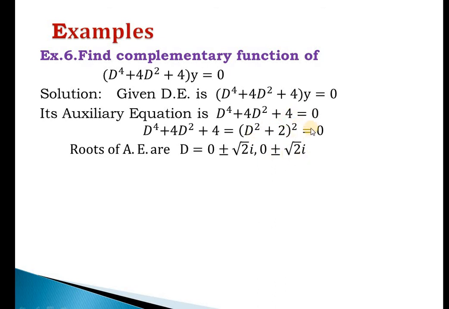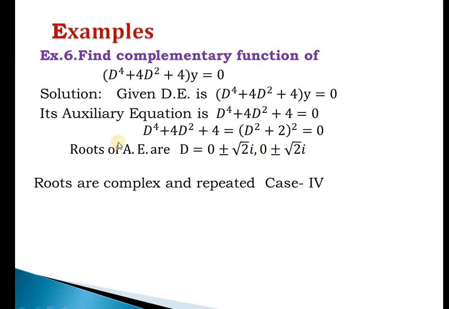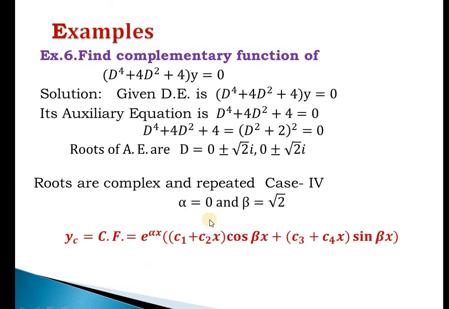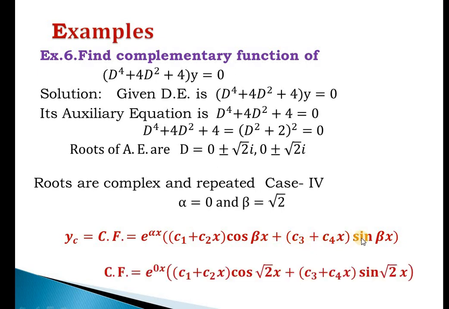This factor occurs 2 times, so the roots also occur 2 times. So the roots are complex and repeated, which means case 4. Alpha is 0, beta is root 2, and it occurs 2 times. Substituting alpha is 0 and beta is root 2, we get the solution.